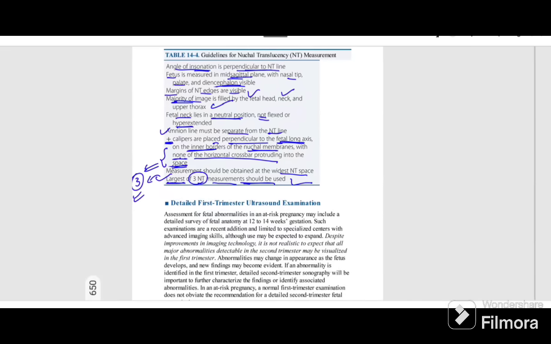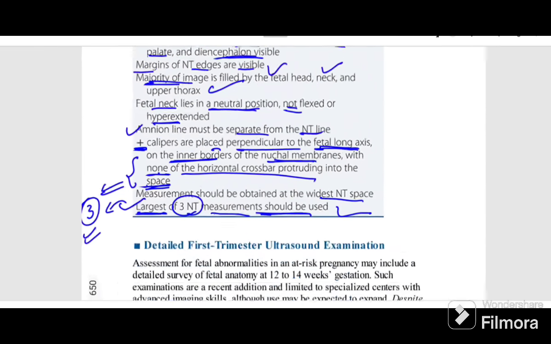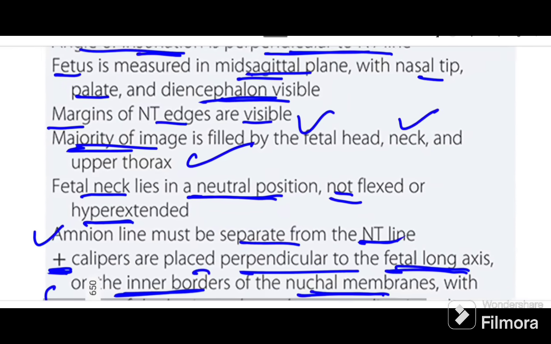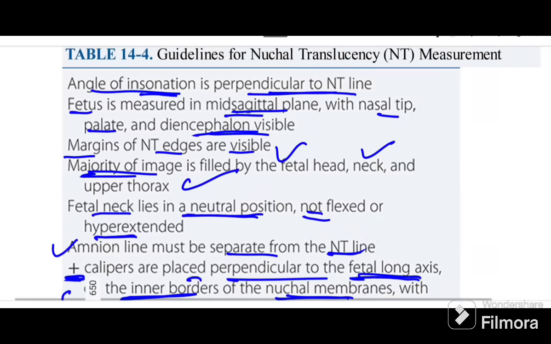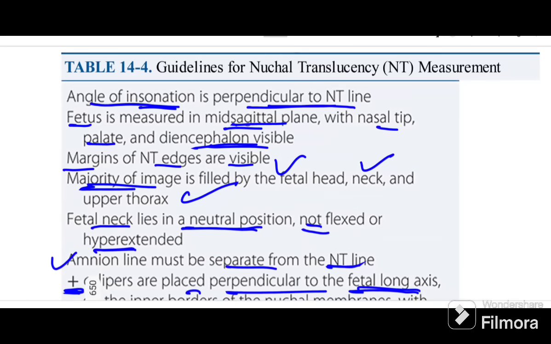Let's look at the guidelines for doing an NT measurement. These points have been asked time and again in your NEET PG also in various formats, and they basically want to know that each and every point of this guideline has to be followed because it's a very precise criteria.